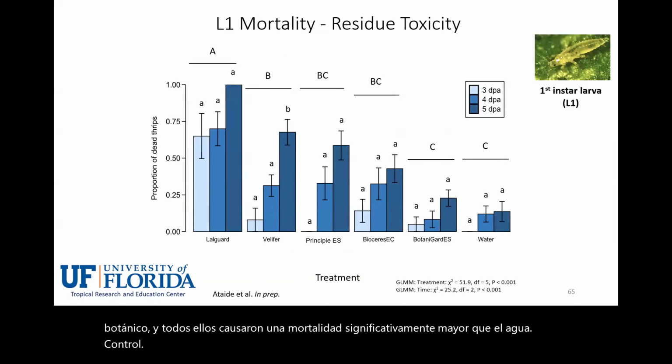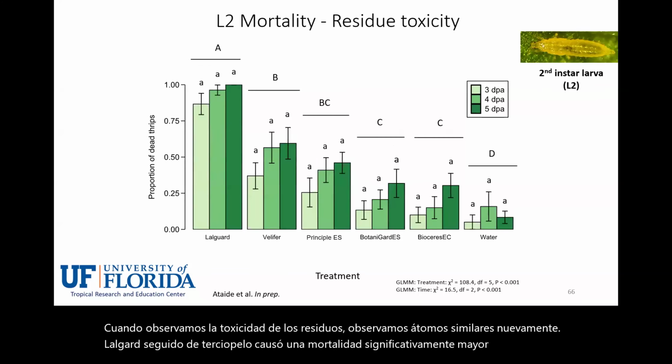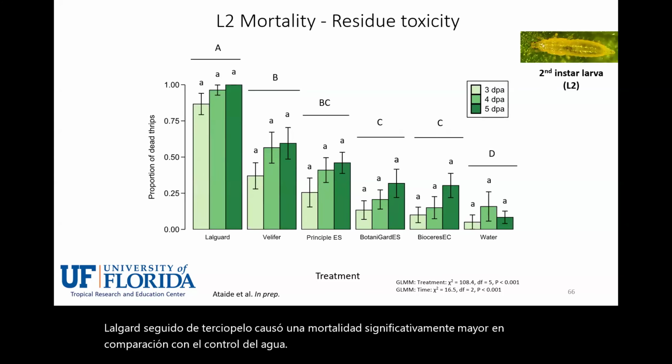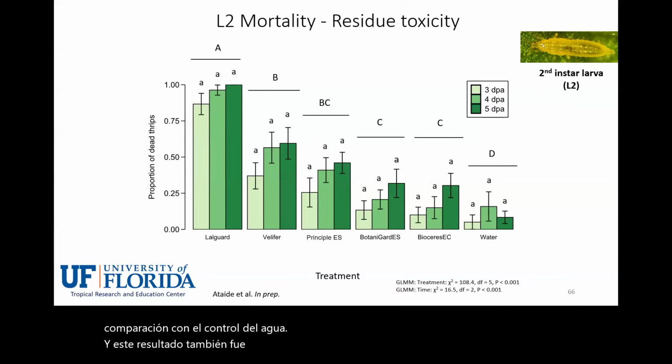When we looked at the residue toxicity, we observed similar patterns. Again, Lalgard followed by Velifer, caused significantly higher mortality in comparison to the water control. And this result was also consistent when we assessed the mortality of the second instar larvae.